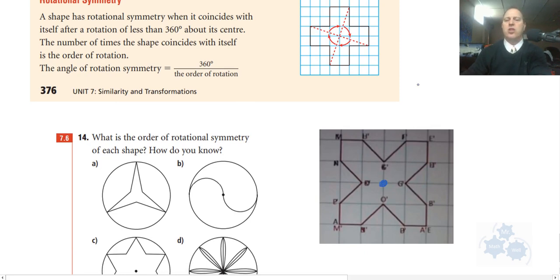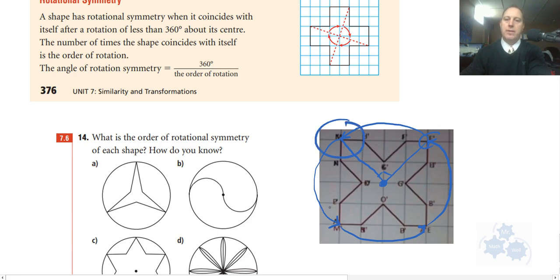There's always a point of rotation. It could be in the center, or it could be a corner, or it could be the origin on the coordinate plane. What we did was we took this point, and if I follow this point right here, it went around all the way to here, and that is a rotation of 90 degrees. If we kept going, it would map onto itself again here and here, before it got back to its original position.